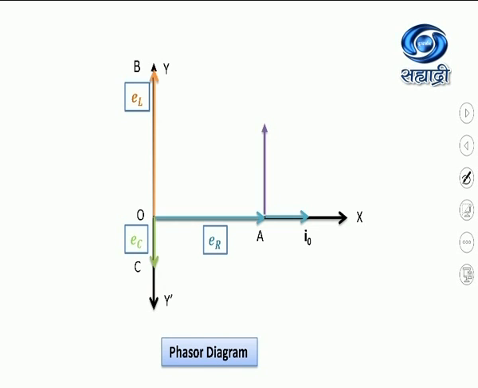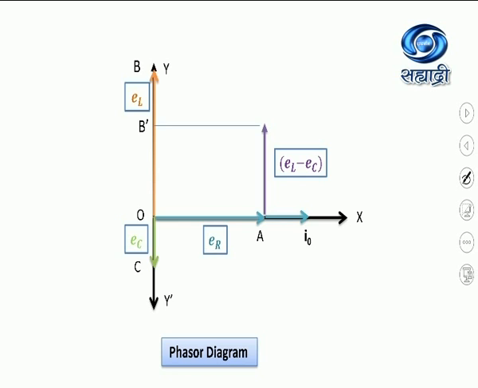We have to find their resultant, and their resultant is represented by EL minus EC, considering the EMF across the inductor is greater than the EMF across the capacitor. Definitely it will depend upon the frequency. So here the difference EL minus EC is represented by vector OB dash.